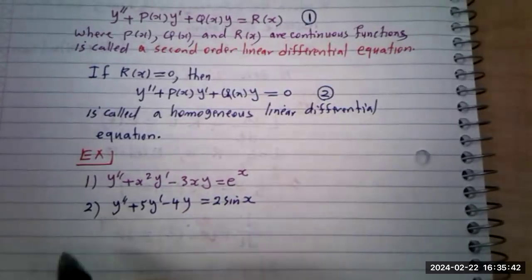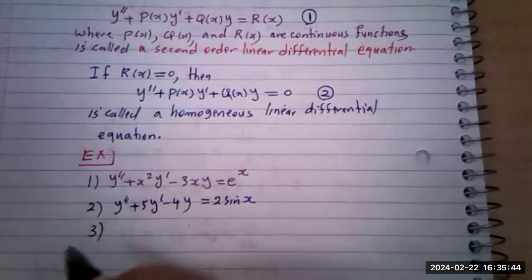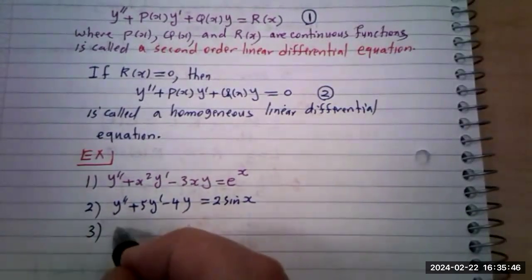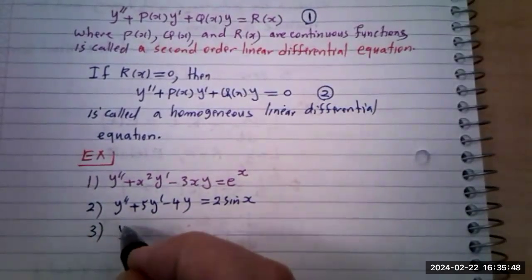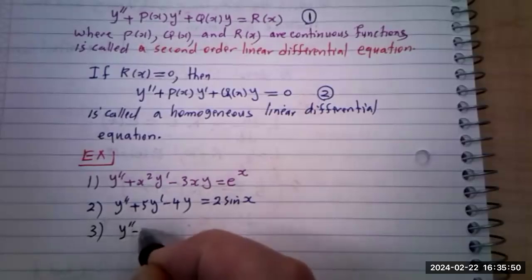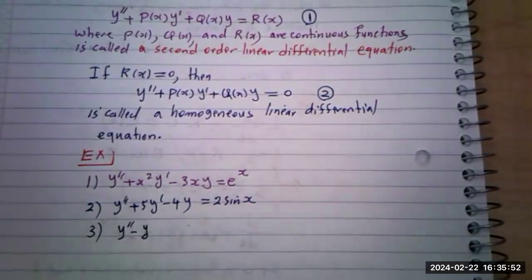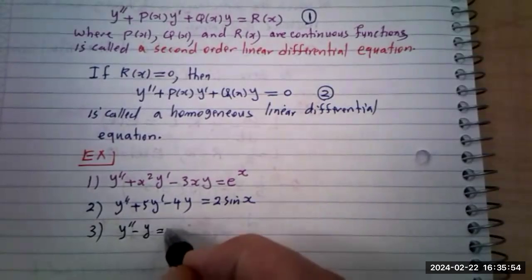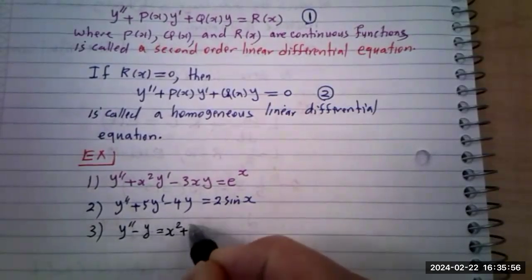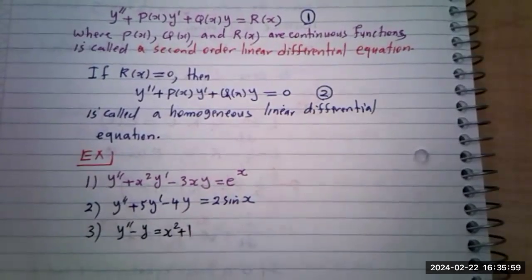Let's see, number 3 is this one: y double prime minus y equal to x squared plus 1. It's another one. In this case, you don't have the y prime. It's okay, this is a linear equation.